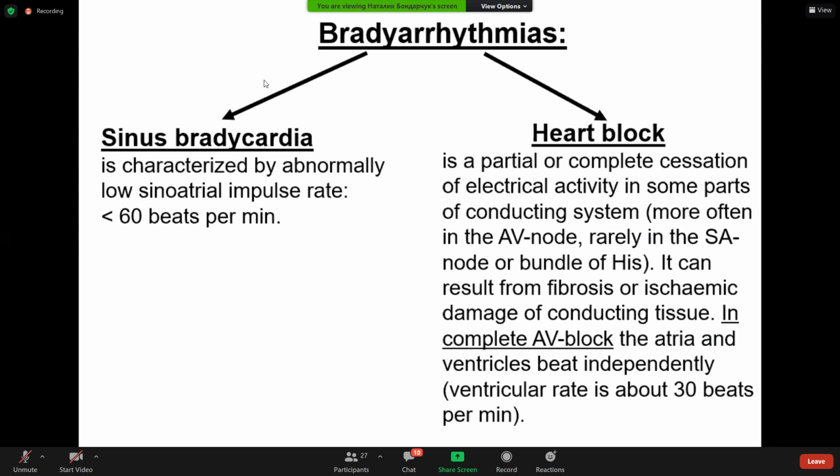It can result from fibrosis or ischemic damage of conducting tissue. In complete AV block, the atria and ventricles beat independently. Ventricular rate is about 30 beats per minute. You see, it's not enough for normal oxygen delivery.